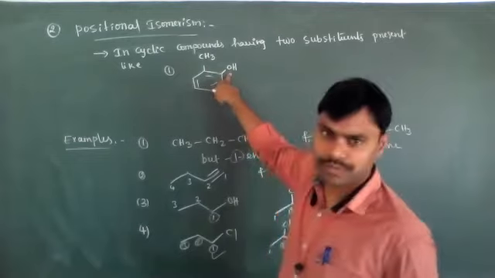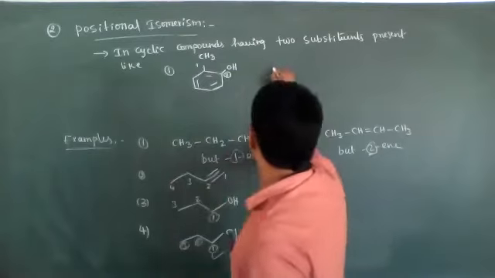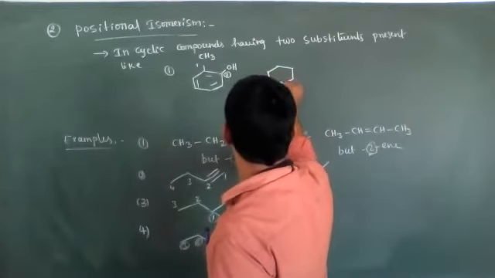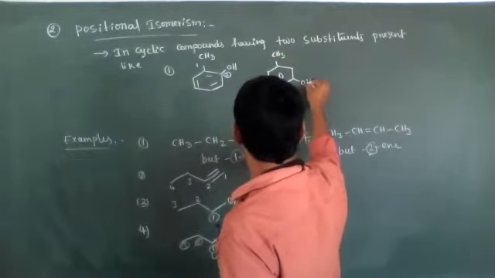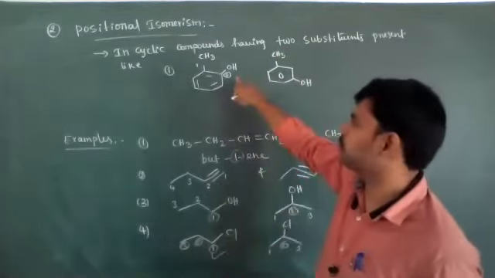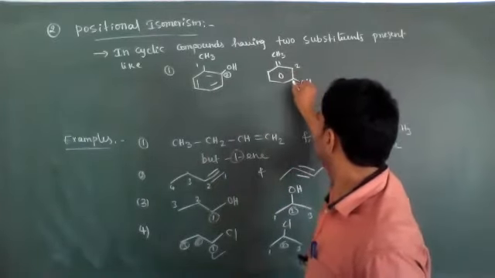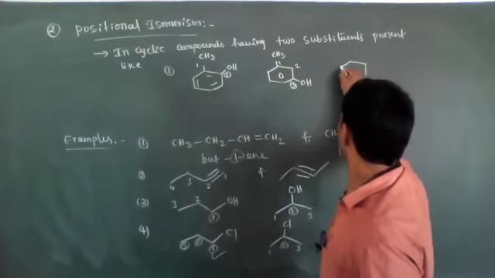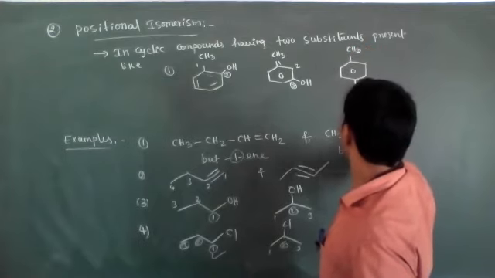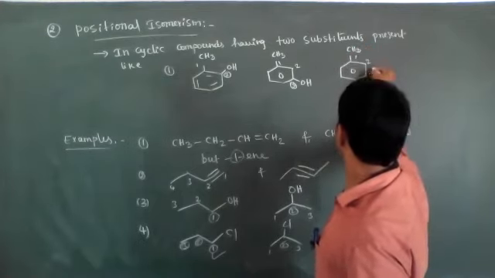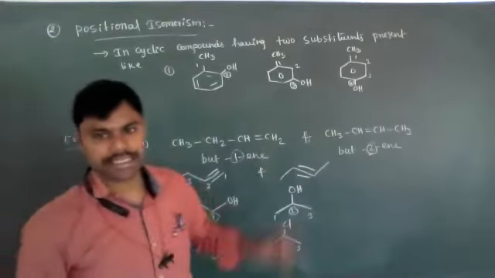See, 1 and 2. With respect to CH3, the OH position is 2 here. Here the OH position is 3. With respect to CH3, the OH position is 4, either left to right or right to left, taking the least numbering.